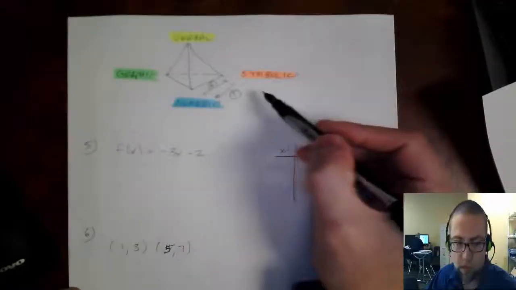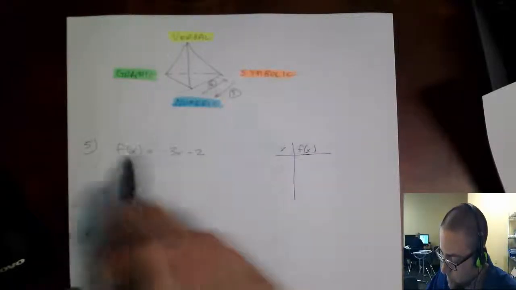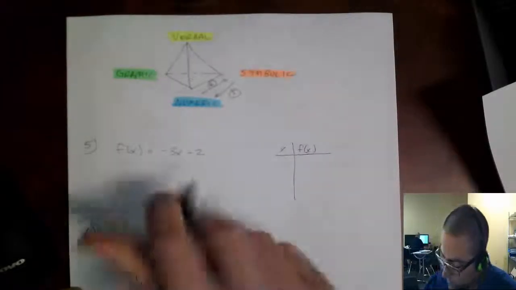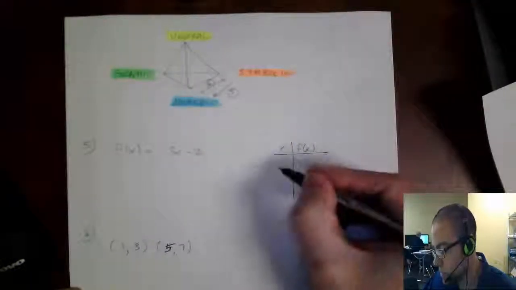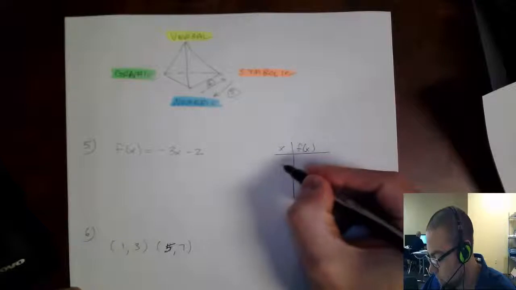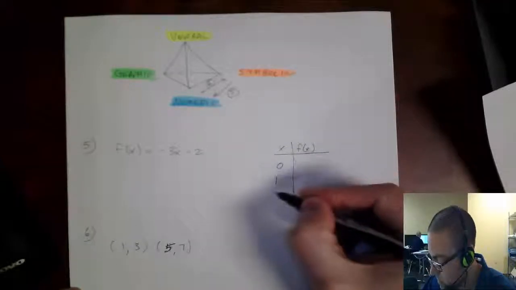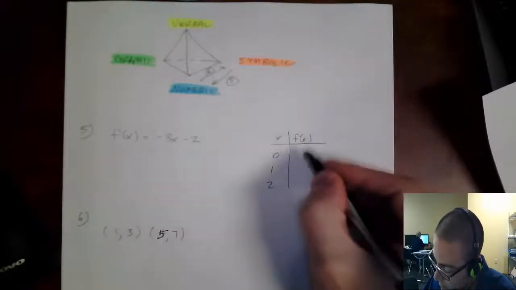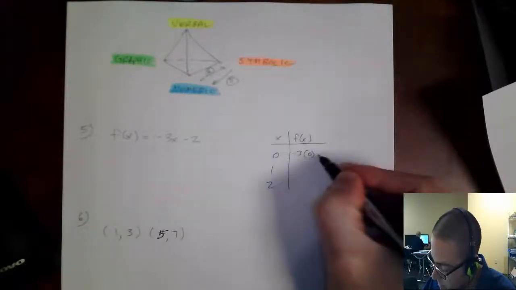Okay, next we have our symbolic to numeric. So if we start with the function as a symbol, we can convert it to a numeric just by plugging in some values, and it's really your choice. I usually like to start with 0 and go 1, 2. So let's start with negative 3 times 0 minus 2.